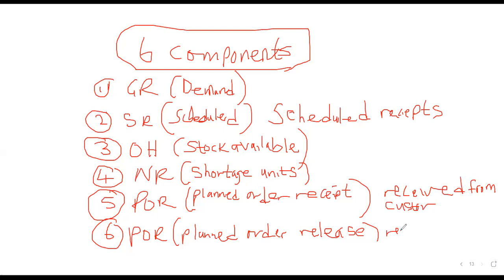So that order is the order release, released to a customer as per the order receipt from that customer. You are supposed to present these components as a summary of MRP. So we need to have those components in order. That's the way it's supposed to appear.